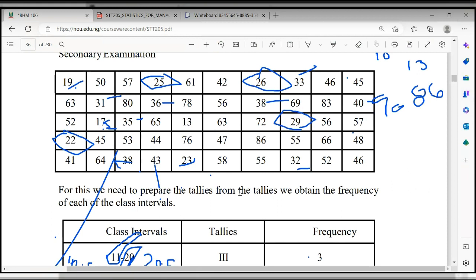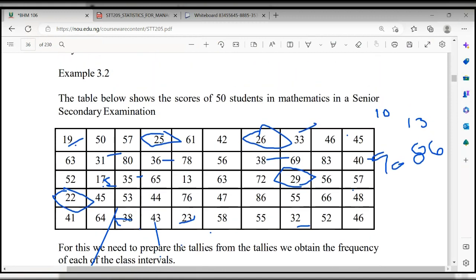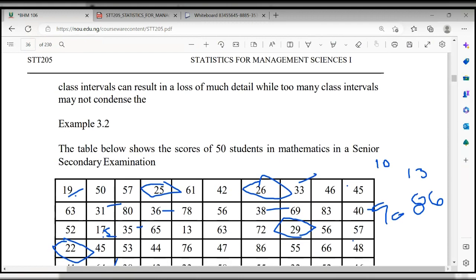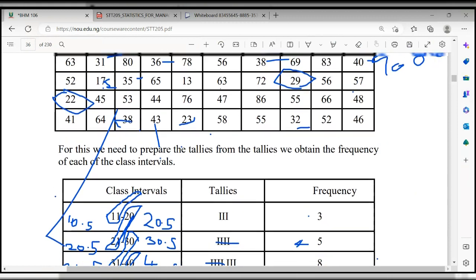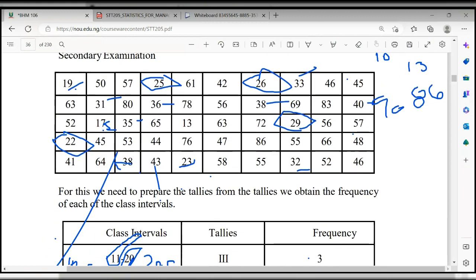From the tallies, you obtain the frequency of each interval. So the example made it clear that they are trying to show you tallies and frequency.